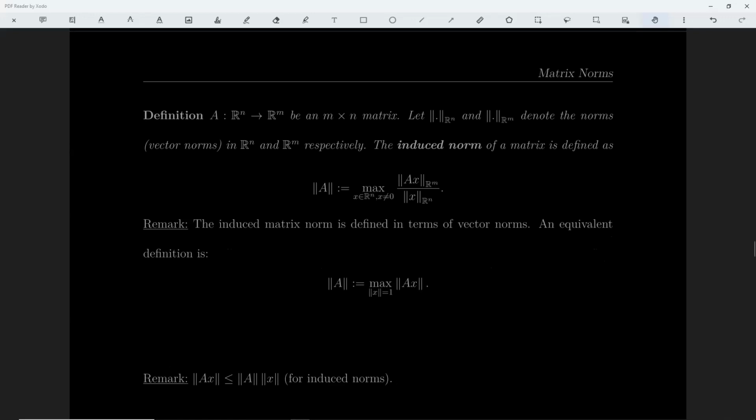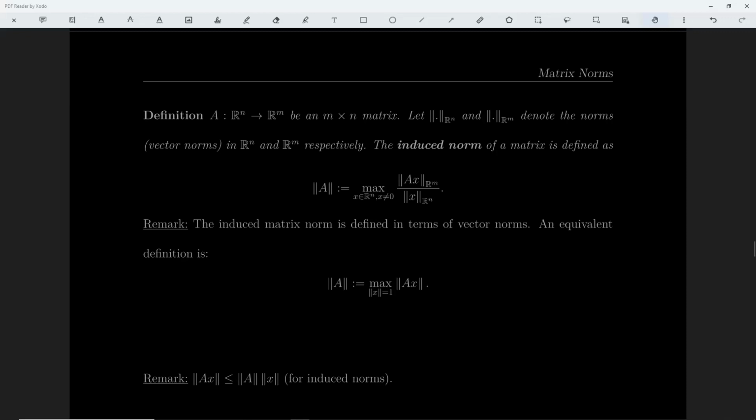So let A be an m by n matrix, and suppose that we are given two vector norms, one defined on Rn and the other defined on Rm. These denote the vector norms for the n-dimensional and m-dimensional real vectors.